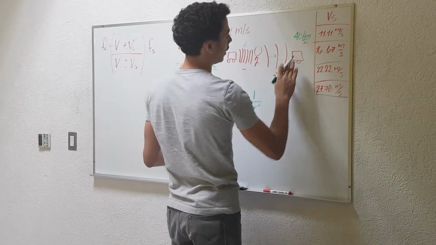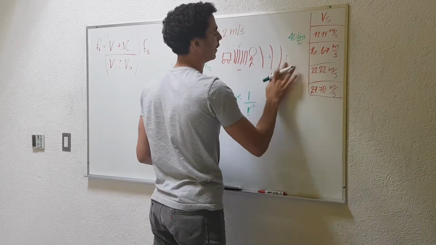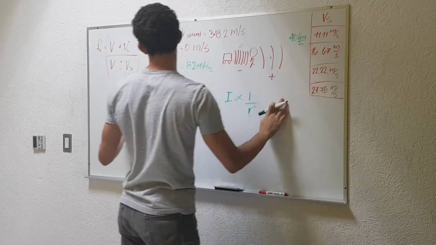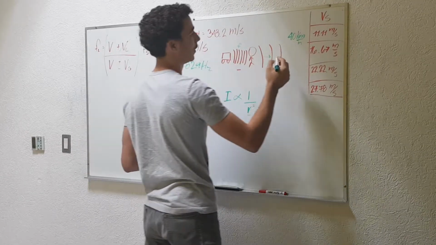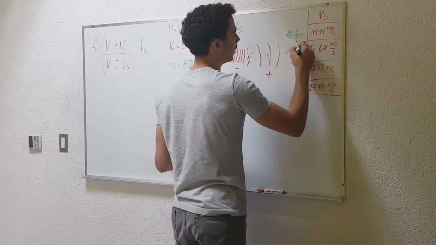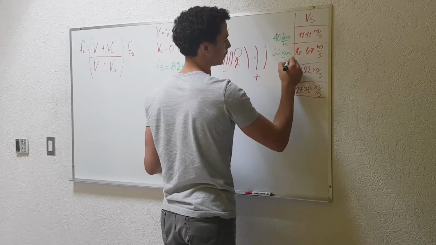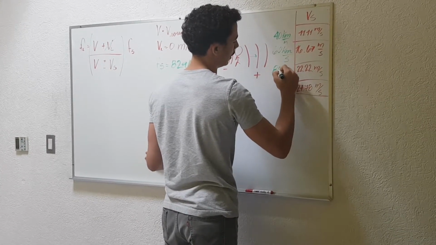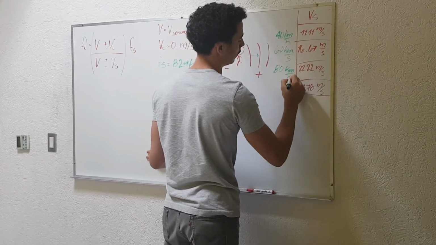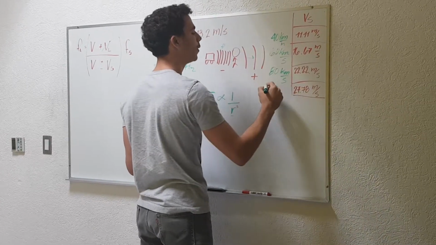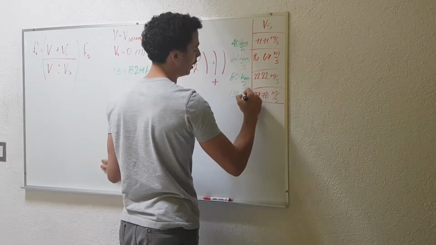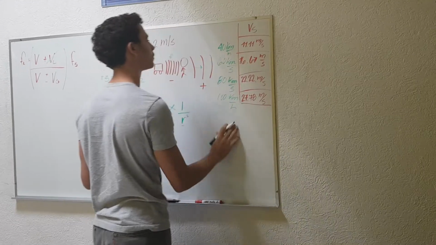And now we need to go to the only thing that's going to change in every scenario, which is the velocity of the source. We did 4 experiments, and we started at 40 kilometers per hour, and we finished at 100 kilometers per hour.